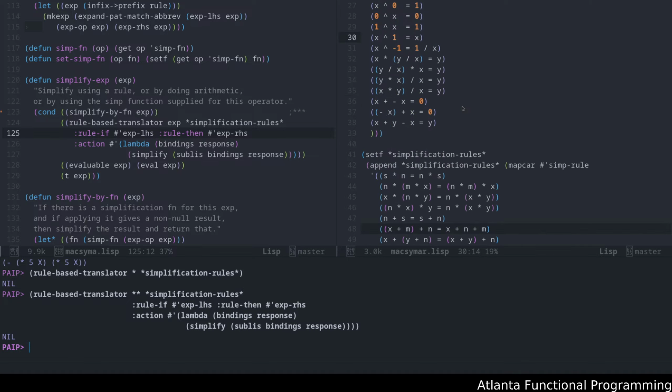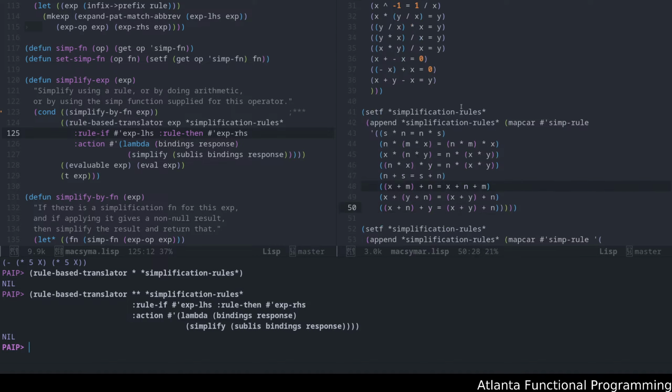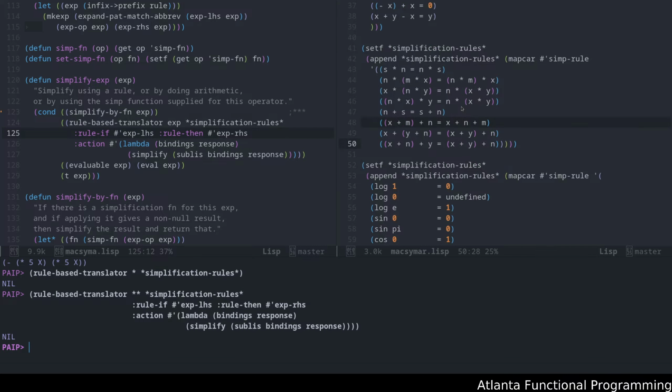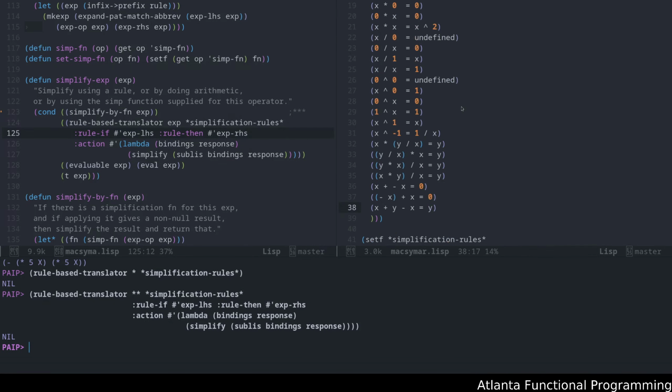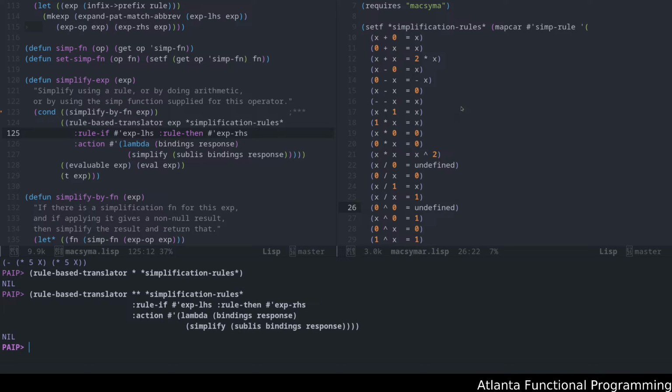let's see. Okay, so, oh, right. So this AppCar simp rule.